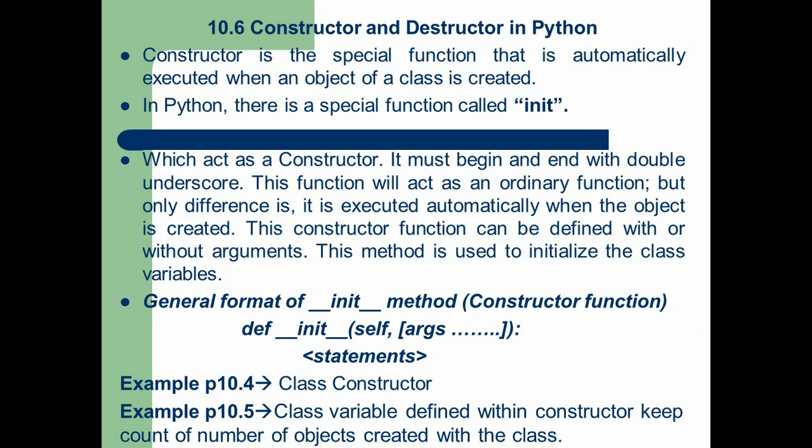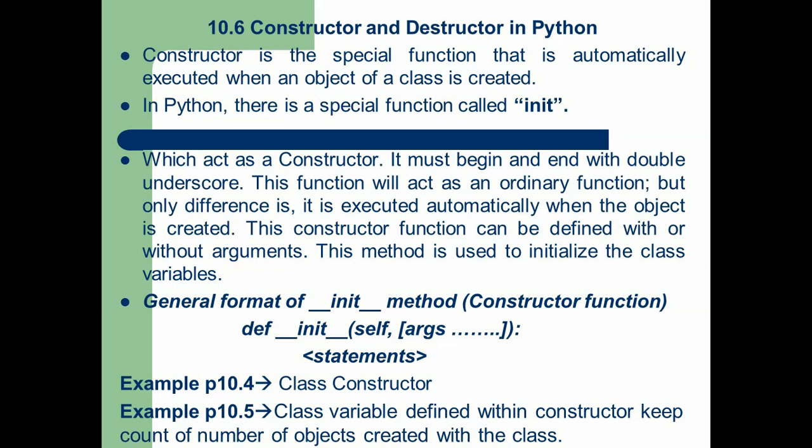There are two special functions, namely constructor and destructor. Constructor is used to allocate memory for the members of the class, and destructor is the function which automatically deallocates the memory for the members of that particular class. A constructor can be created using the following general format, where we use a double underscore and init.